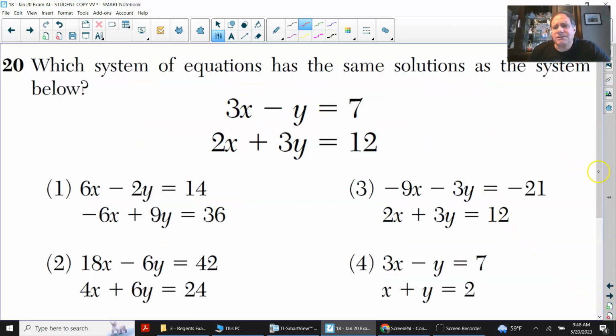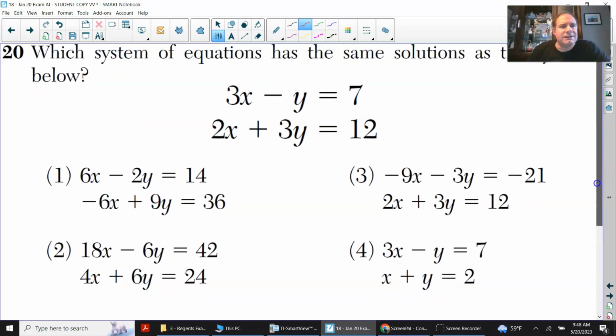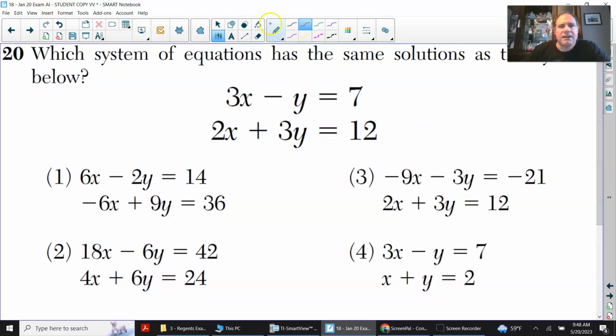Which system of equations has the same solution? Unfortunately, you do have to know how to solve these, right? So just remember, when we're talking about using elimination, we're talking about getting one of these, the x's or the y's, opposite of the other one, because you want it to cancel.